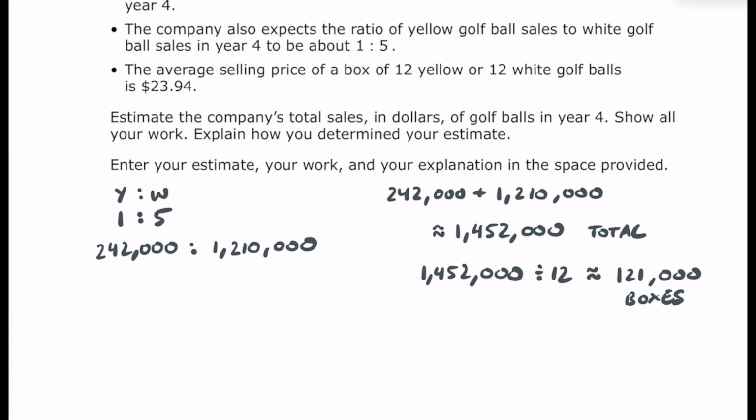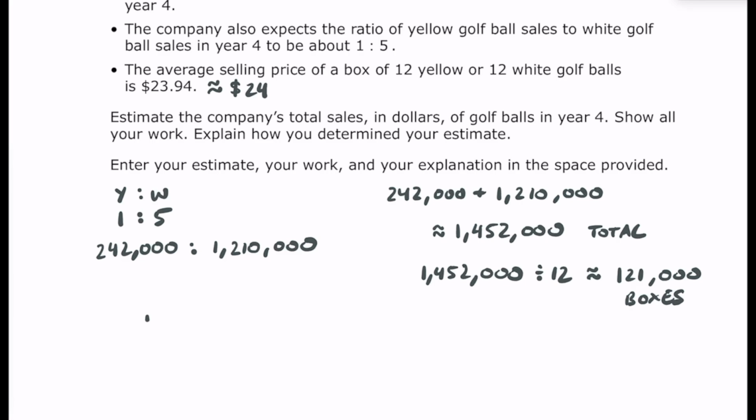Now that we know how many boxes they are going to be selling, what is the price per box? Well, again, everything is based on estimates here. So this $23.94 is really close to $24. So you're allowed to just approximate, because they're asking us to estimate everything here.